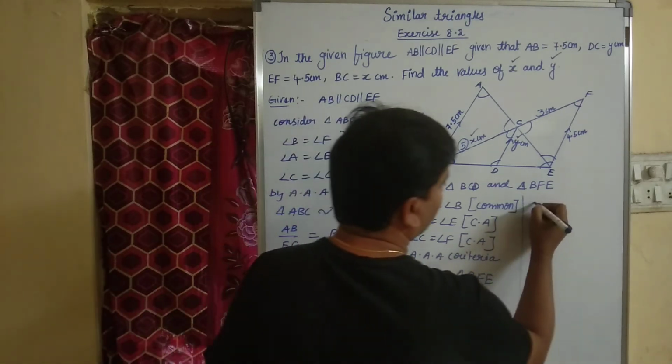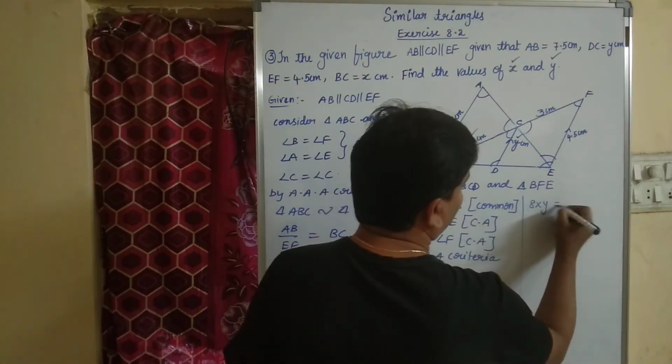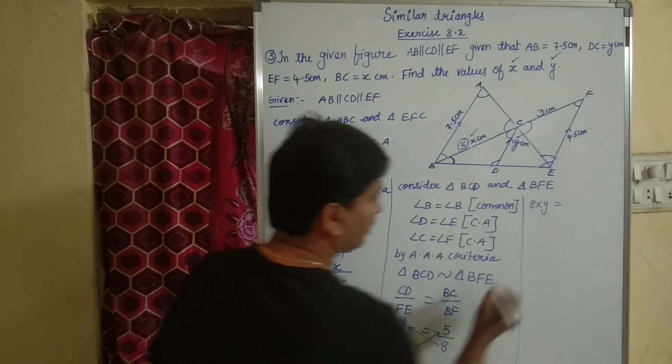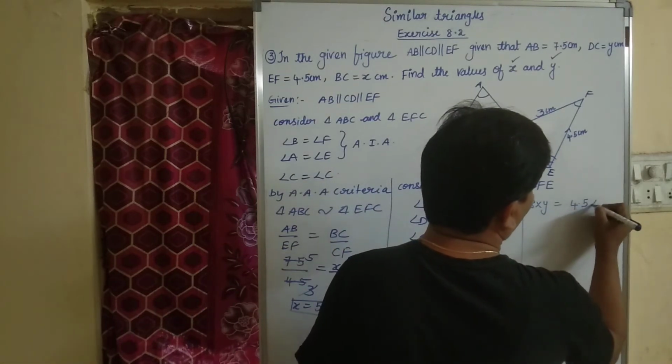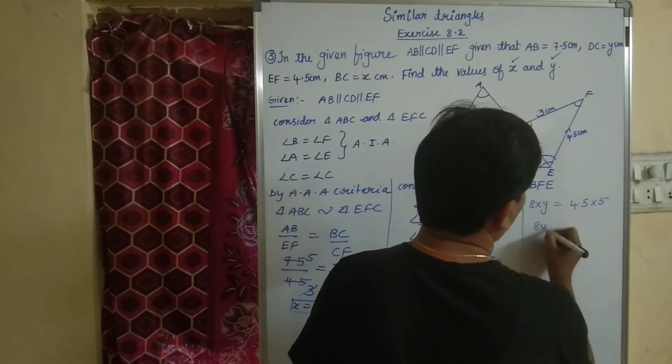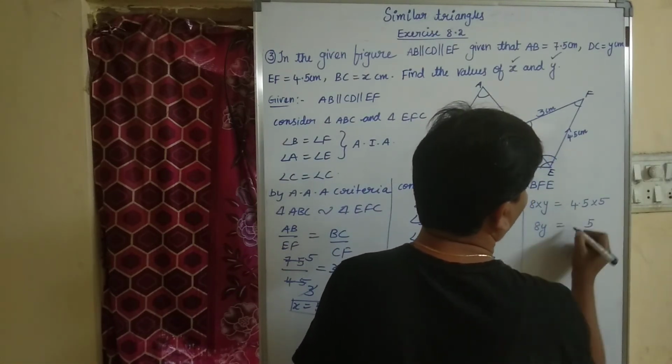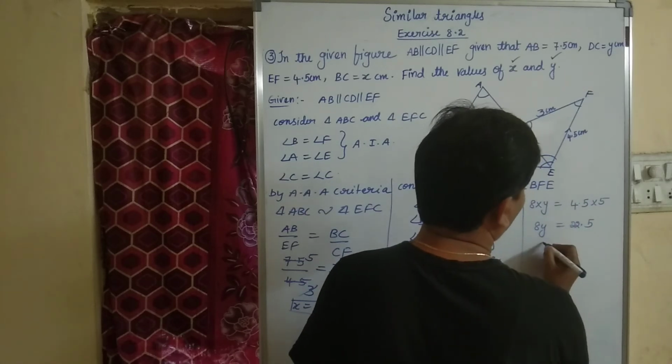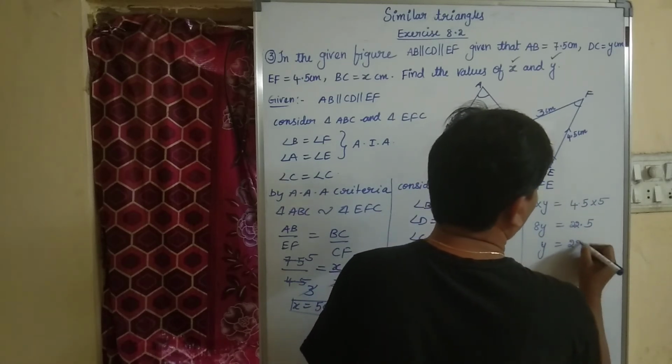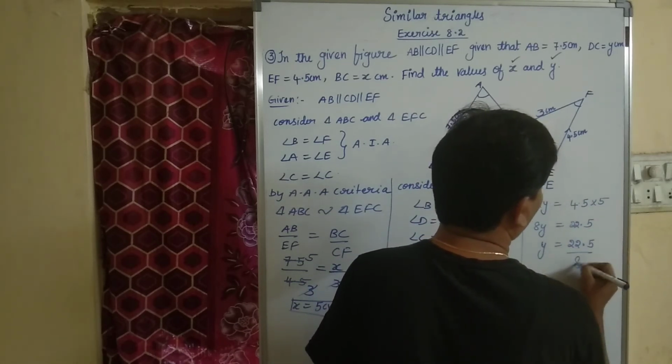Right? Now let us do cross multiplication. 8 into y equal to 4.5 into 5. So 8y equal to 22.5. So y equal to 22.5 divided by 8.